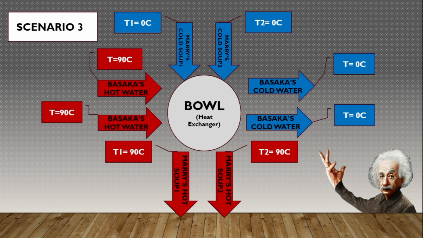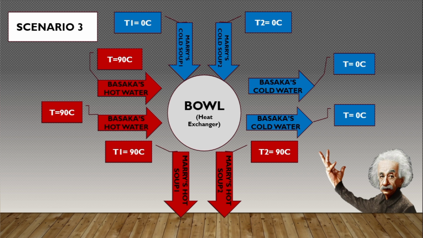So Basaka lost 90 Celsius to get his hot water's temperature to a low temperature of 0 Celsius this time, coming out the outlet of the heat exchanger. The outlet of the bowl for Basaka's water is now cold, having a temperature of 0 Celsius, and Mary's cold frozen bowl of soup comes out to be hot at a temperature of 90 Celsius.